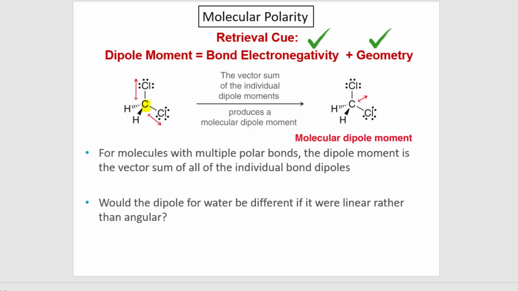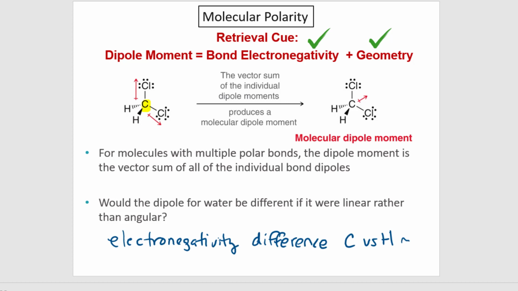Now, carbon and hydrogen, as we'll see in this course, have a minimal difference in electronegativity. The electronegativity difference of carbon versus hydrogen is practically nothing.